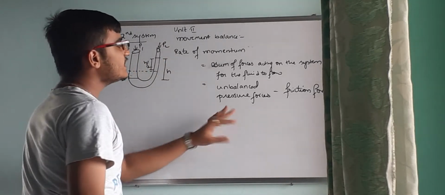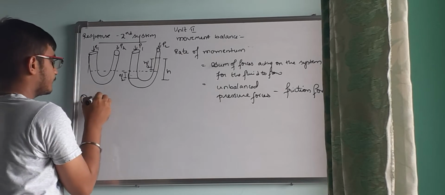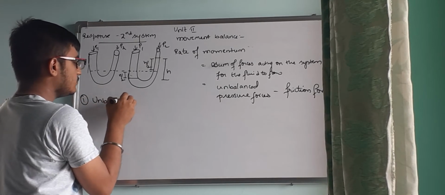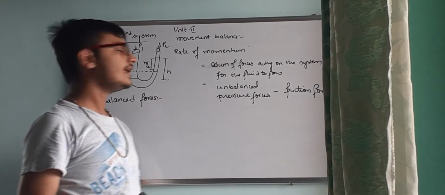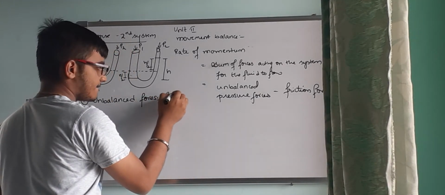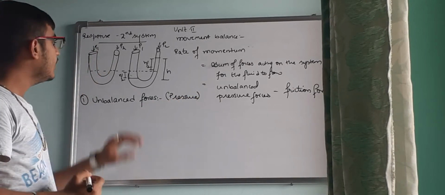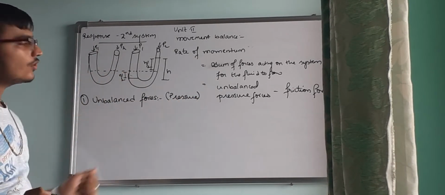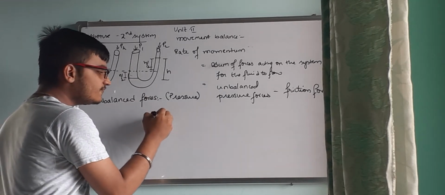So first we have to calculate the unbalanced forces, or the unbalanced pressure forces. Right. So in this U-tube manometer, what are the pressure forces acting? First of all, what is force?